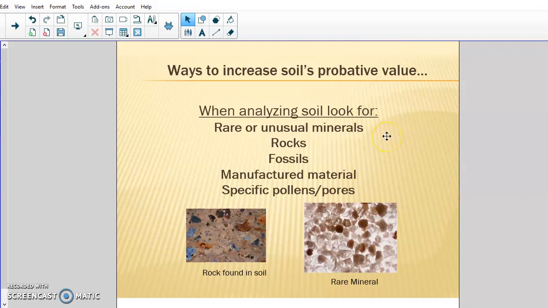So if you find something rare or unusual in the soil that you can use to say, yeah, we're sure it came from this exact location, then you've individualized it.